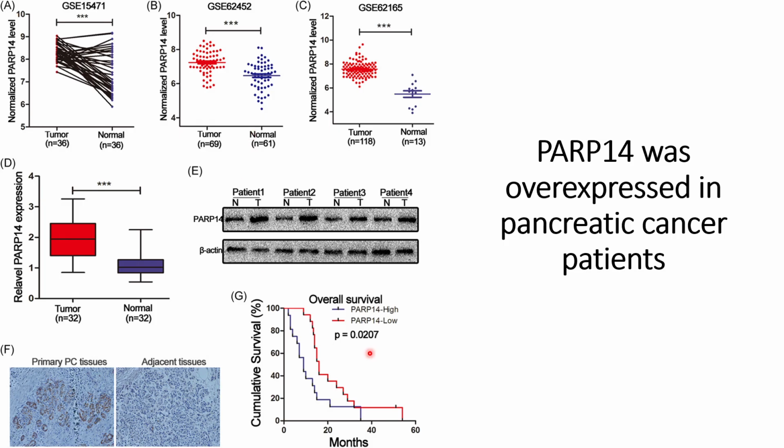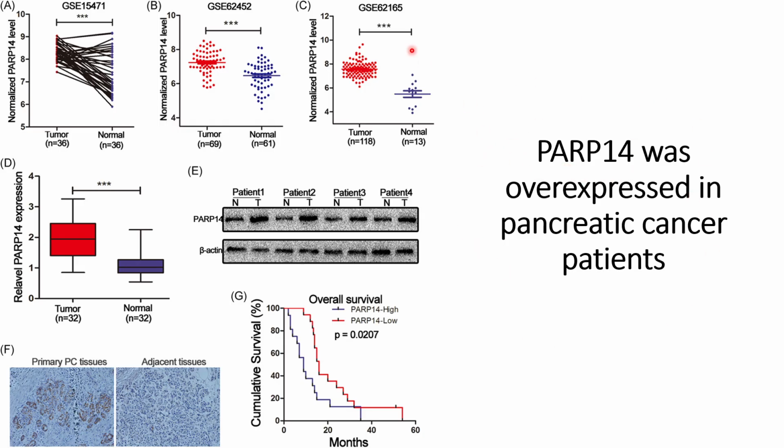And before even doing this analysis, the literature also shows that PARP-14 has some tumorigenic properties and is found in most cancer patients, but its impact on pancreatic cancer patients had not been studied.